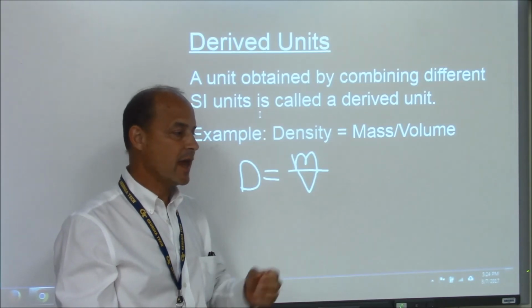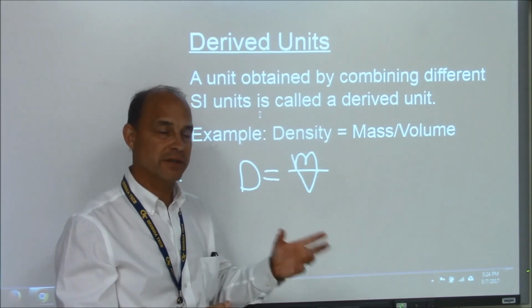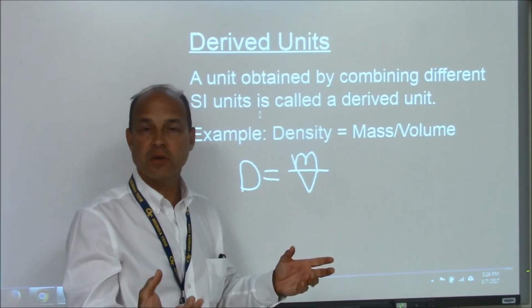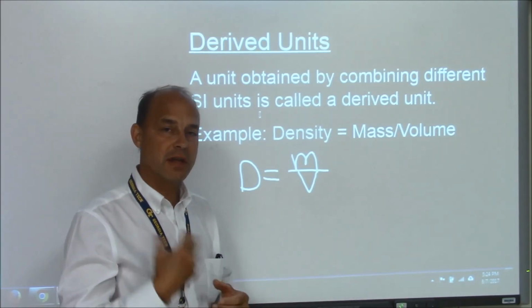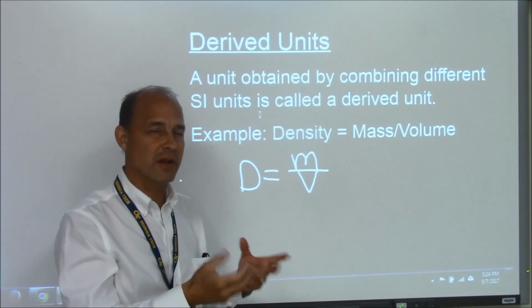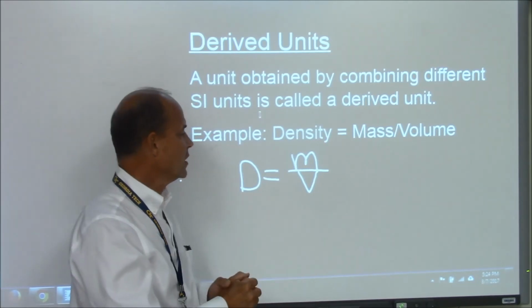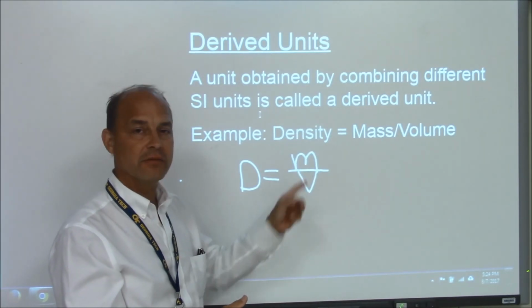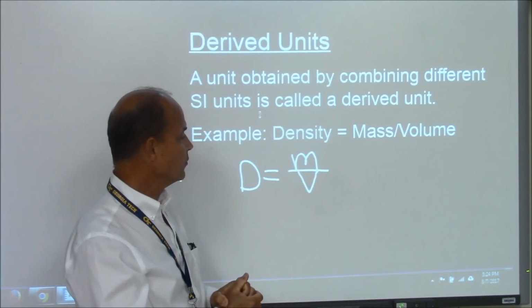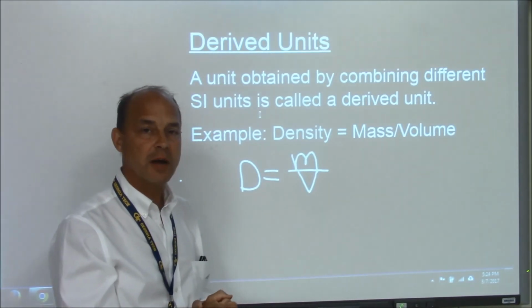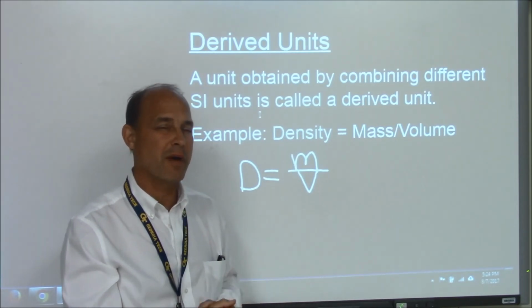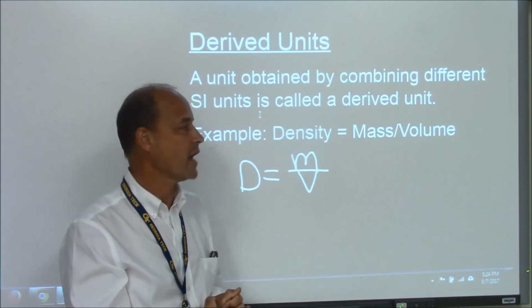And so if you say, hey, if my object has a density of this, and that's the same density as this stuff that we know of, then you'll be able to tell me, hey, I think that the stuff that I've been working with is this. So we're going to be working with density a lot. We'll be measuring the mass of your objects, and we will be measuring the volume of your objects. And if we know the mass and the volume, then we can determine the density. And if we know the density, we might be able to figure out what that stuff is that you have.